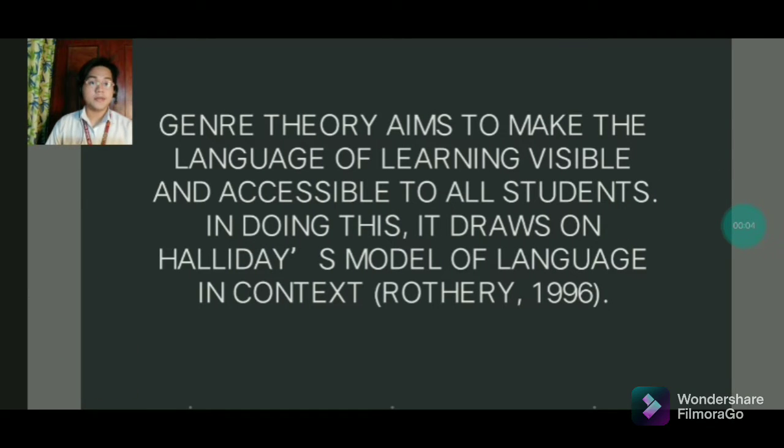Genre theory aims to make the language of learning visible and accessible to all the students. In doing this, it draws on Halliday's model of language in context. In every context, there are always various purposes for which we use language.